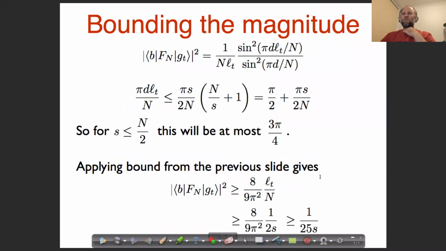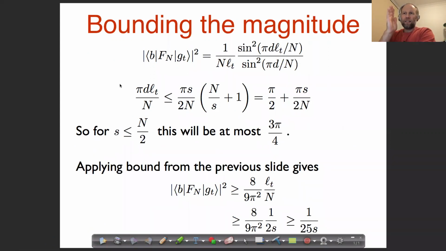Now we have a lower bound on that. And what we just need to show is that our argument here, this pi d L T over n, is actually bounded away from pi over L, right?